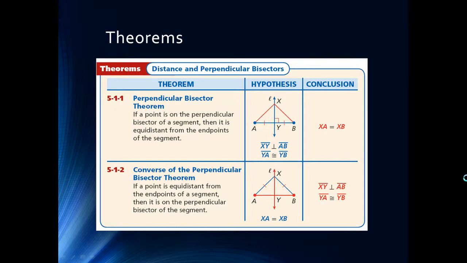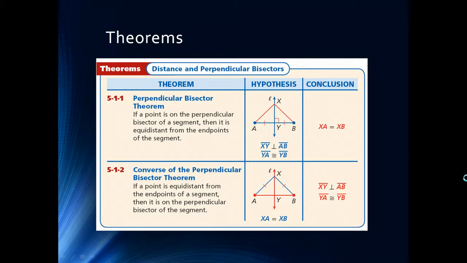So if you look at the picture under hypothesis, and you see that we have the blue lines, and if we just look at the blue lines AB and line L that intersects AB, we're told that L is perpendicular to AB and that AY and YB are congruent.